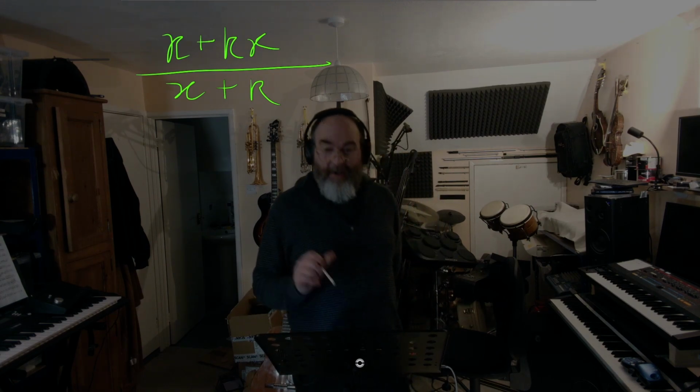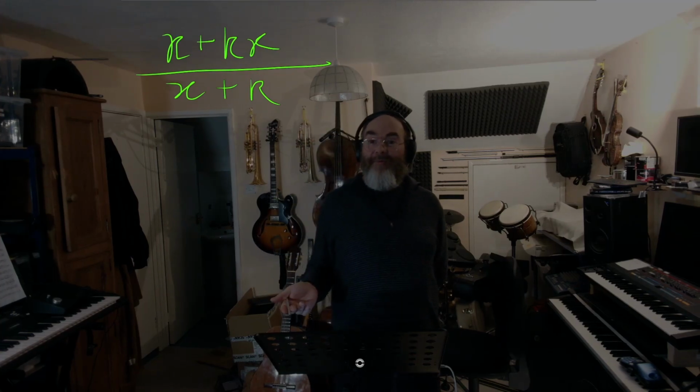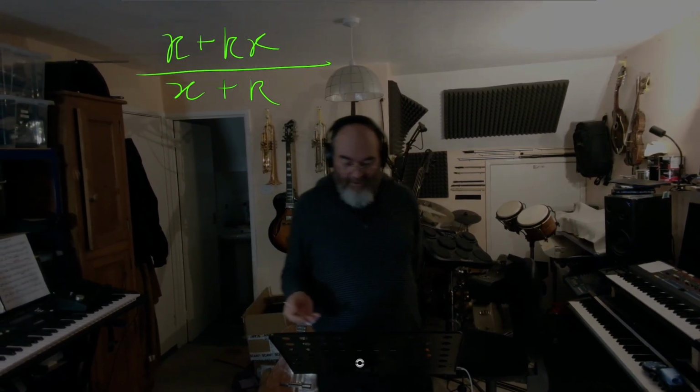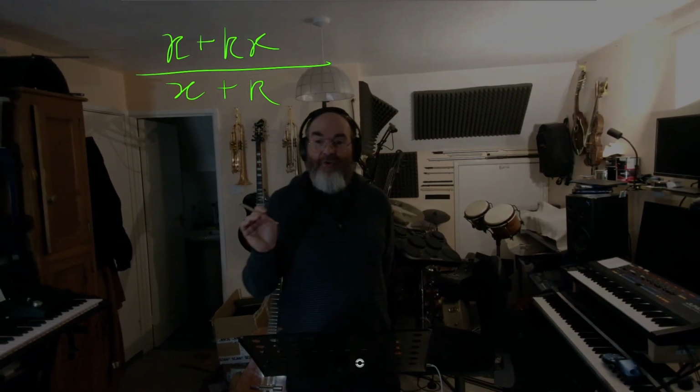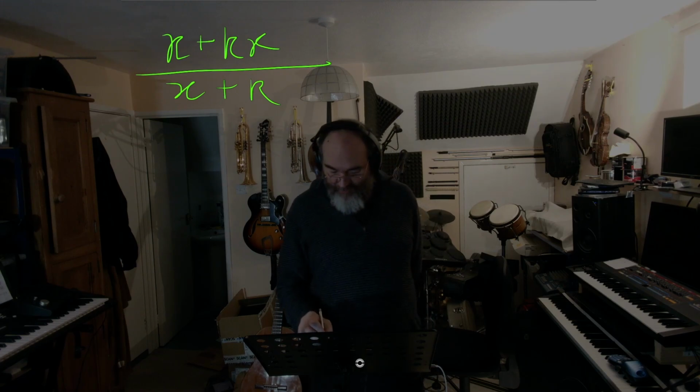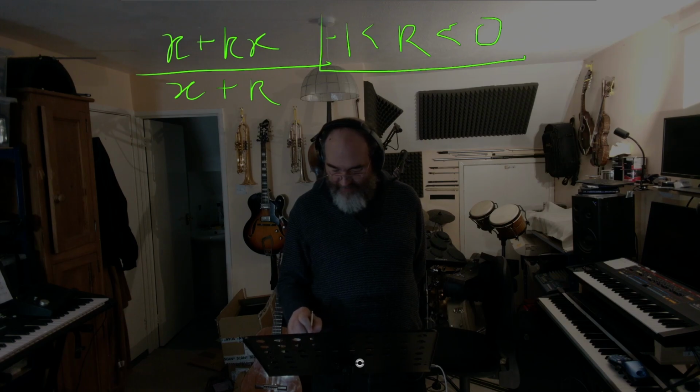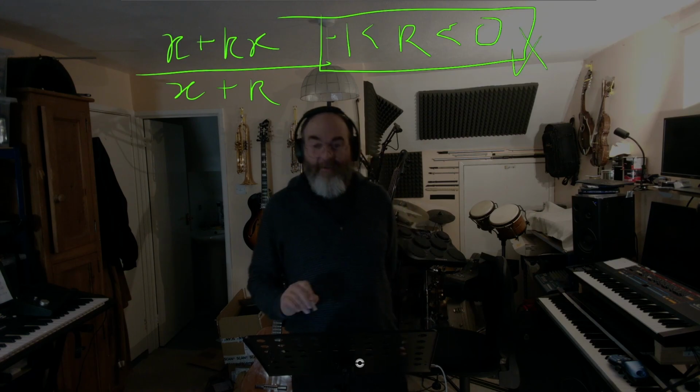x plus kx divided by x plus k. You can see the properties of this. For any particular curve, you want to pick a particular value of k. Large values will get you closer to a straight line. k can be positive or negative, giving you a curve in one direction or the other. And as long as you keep out of the range for k between 0 and -1, in that range it's invalid.